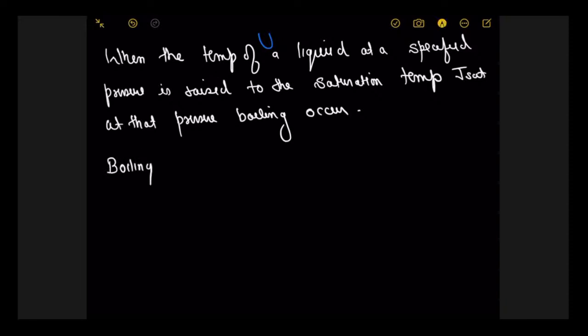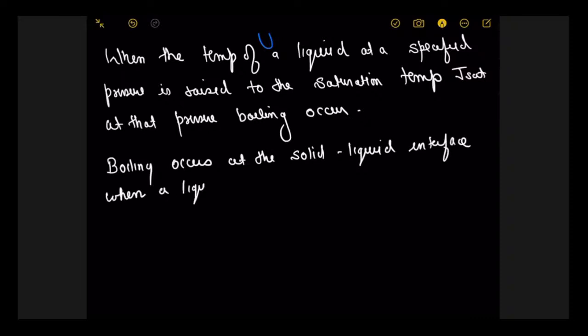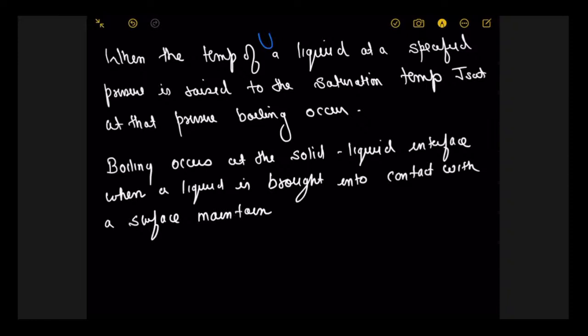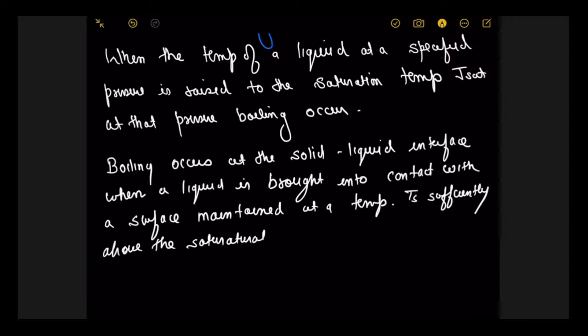Boiling occurs at the solid-liquid interface, when a liquid is brought into contact with a surface maintained at a temperature Ts sufficiently above the saturation temperature Tsat of the liquid.